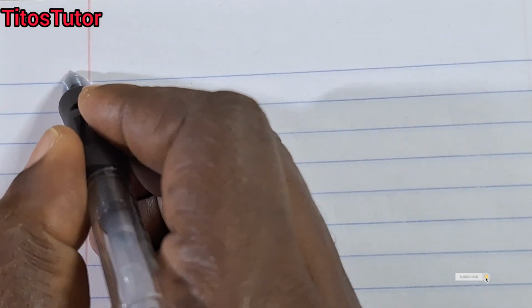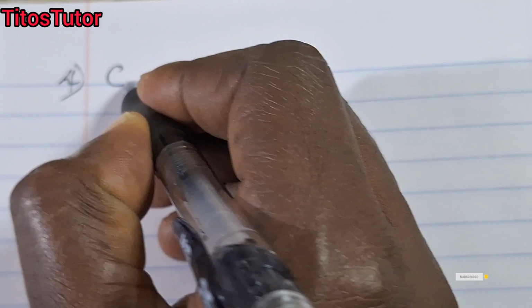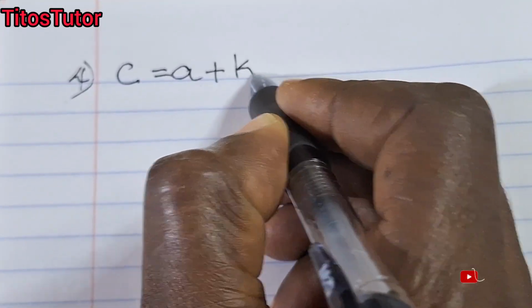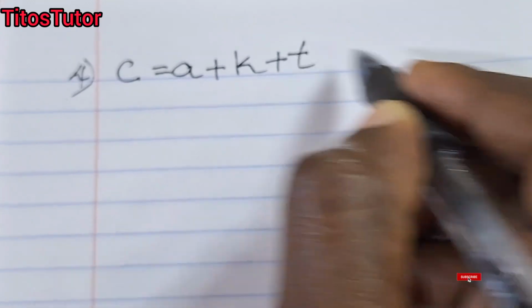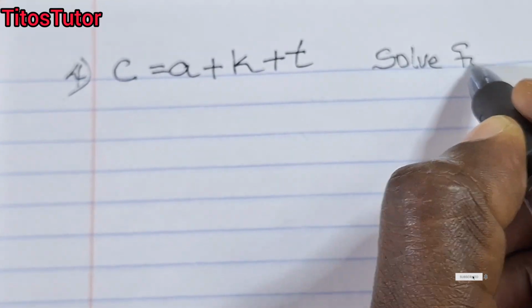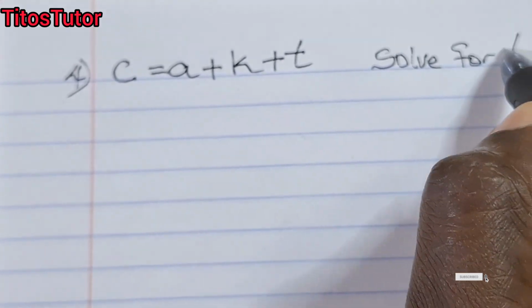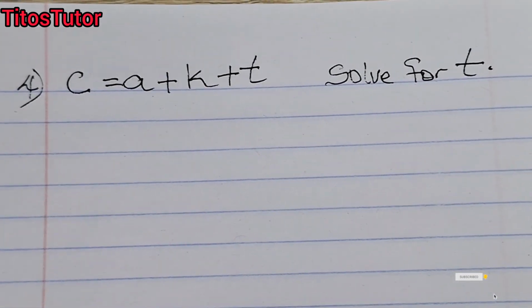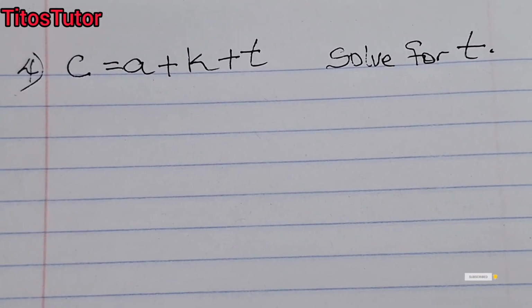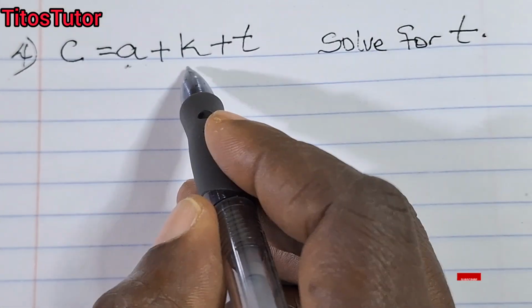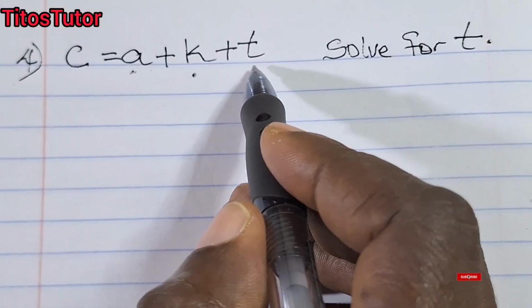Here's my example 4, and it is c is equal to a plus k plus t. Solve for t. I am solving for t in this case. Okay, so I need to take this out, and I'm left with only t.